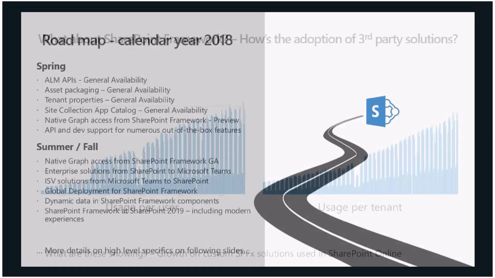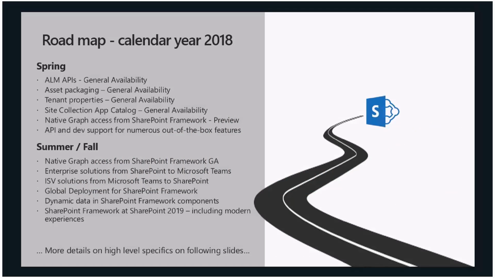Now, on other topics, quickly, this is a high-level roadmap slide. I'm going to deep dive on the 1.5 and 1.6 of SharePoint Framework in a second, but obviously we released a lot of stuff during spring this year. What's coming in the summer/fall is the GA for native Graph access for SharePoint Framework, which is not included in 1.5, but will hopefully be included in 1.6.